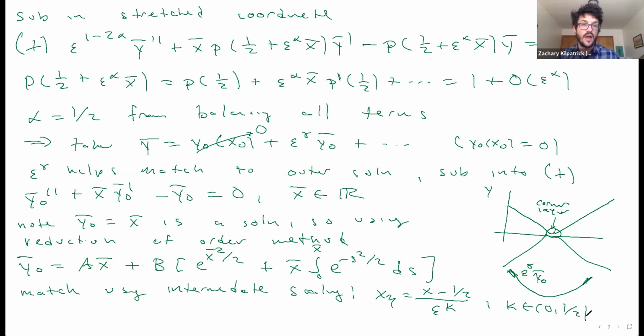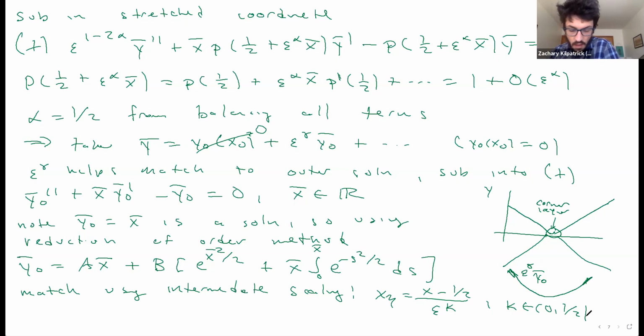As we're leaving our interior layer and entering our outer layer, there's some intermediate scaling that bridges in between those, and that's where we want to look in order to try and match using our free constant.